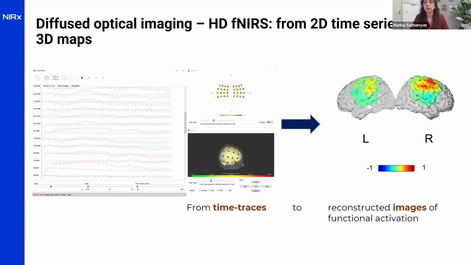Essentially using high density, so increasing the number of channels, increasing the number of channel distances, we can go from the 2D time series to a 3D map of our cortical map.